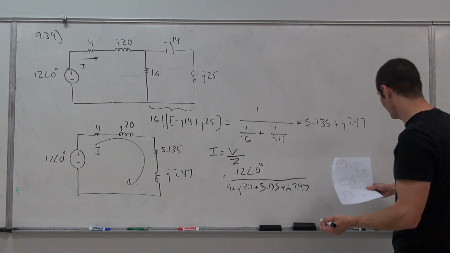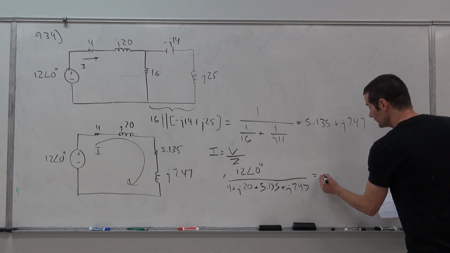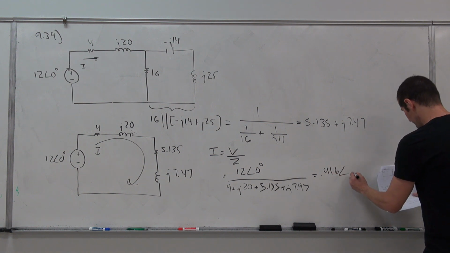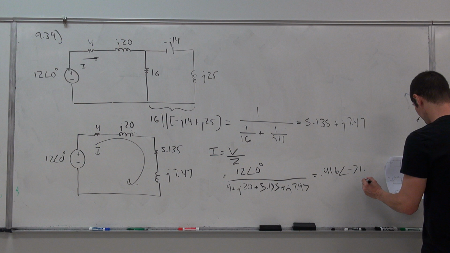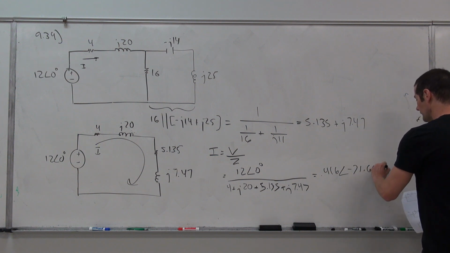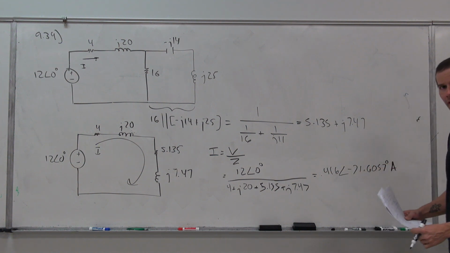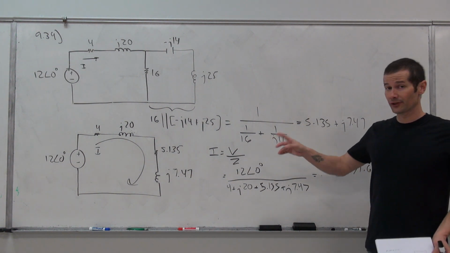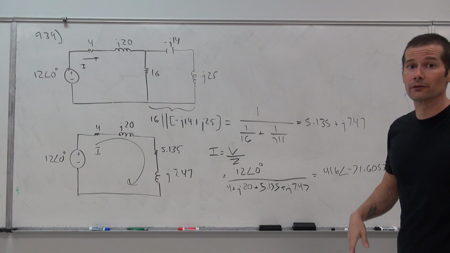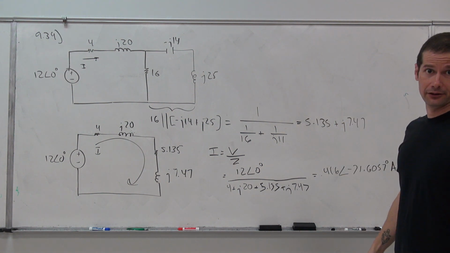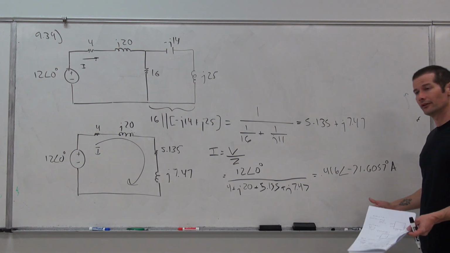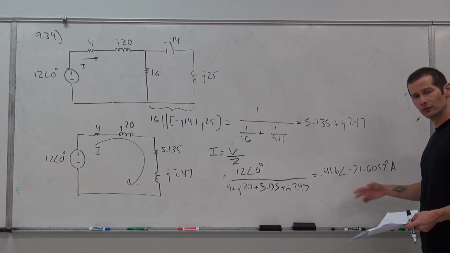And when we calculate, this value comes out to be equal to 0.416 at an angle of negative 71.6057 degrees amps. And obviously we can't look at this from the time domain simply because we do not have the angular frequency that all the impedances were calculated from. So we can't find that. The only thing that we can determine here is the steady state response, but in its polar form.